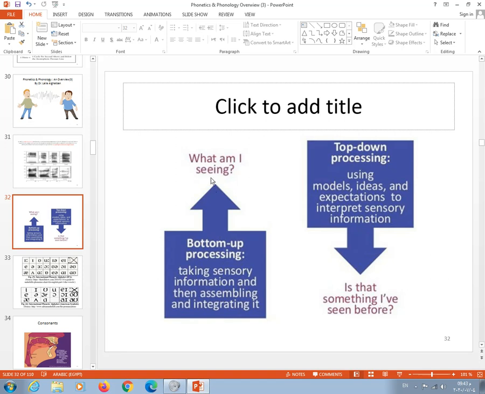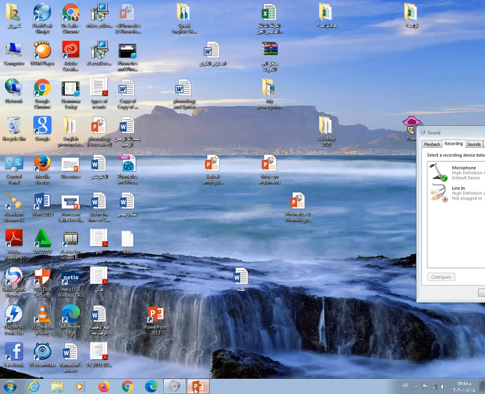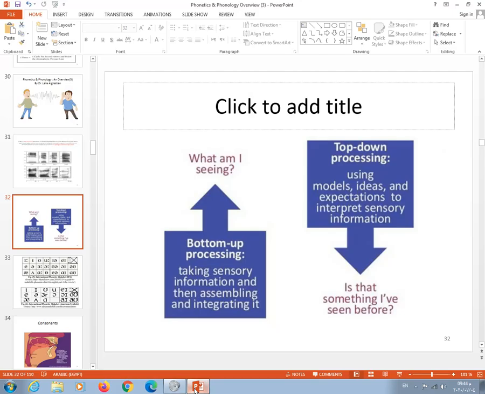We ask ourselves, what am I hearing? This is the bottom-up. And the top-down is, is that something I have heard before? If yes, I understand this easily. If not, I cannot. And this happens when we listen to foreign languages, because we do not have enough background, or we hear them for the first time.